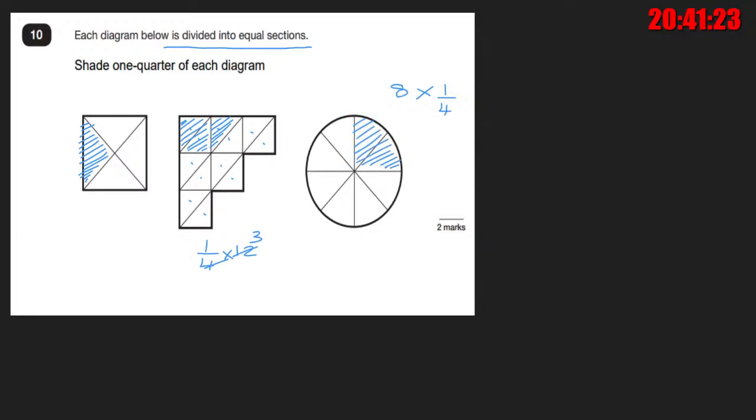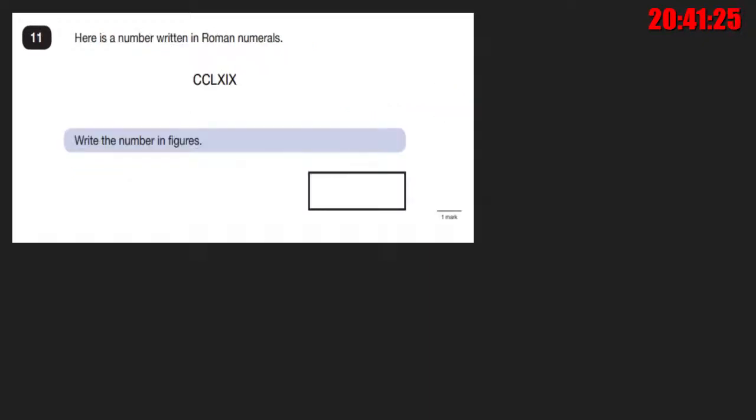right? So question number 11, here is the number written in Roman numerals, right? C stands for 100, and this C is also 100, so you add them up. And now L stands for 50.